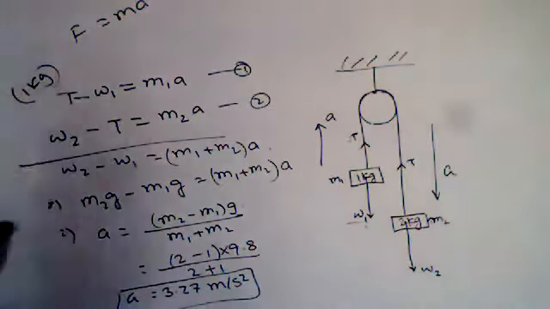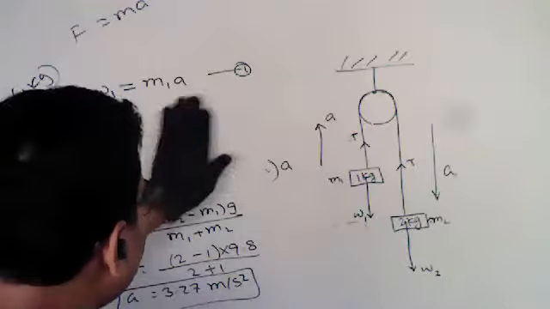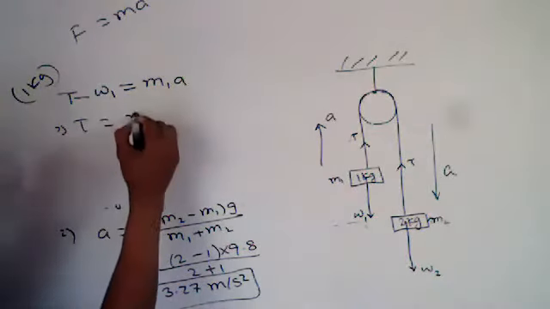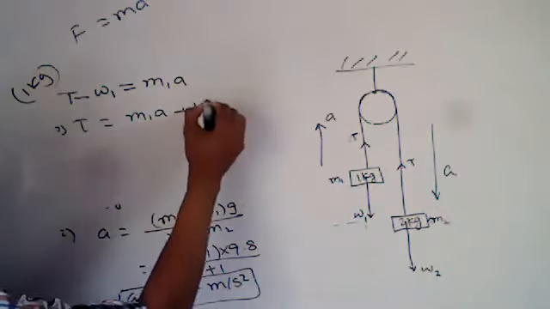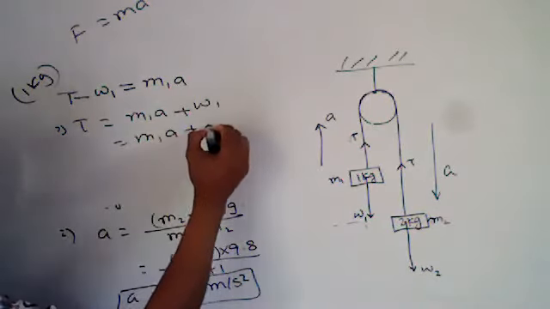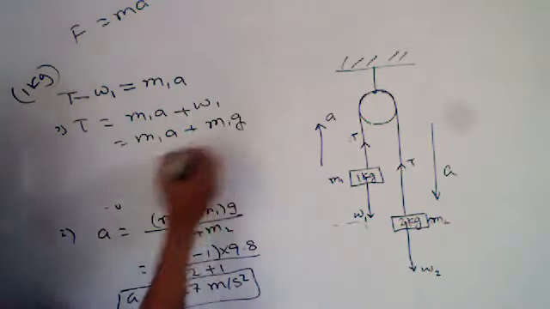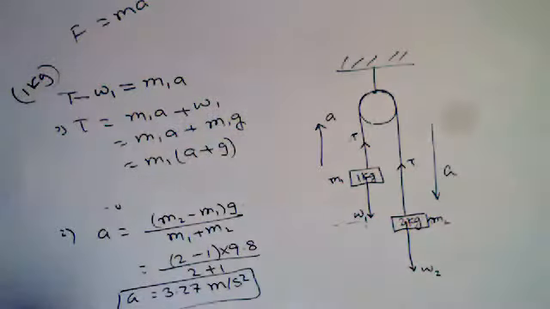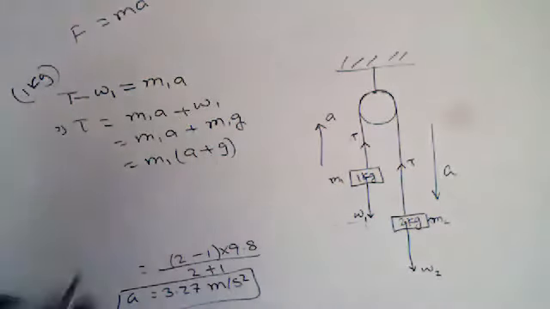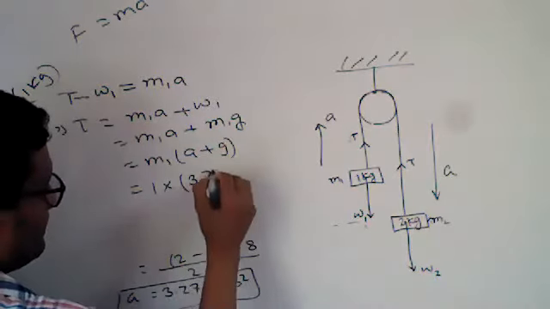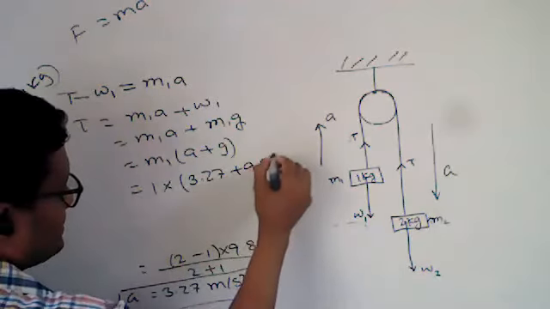From this equation, we can write T equals M1A plus W1, that is M1A plus M1G. So M1 into A plus G. Now we know M1 equals 1, A equals 3.27, and G is 9.8.